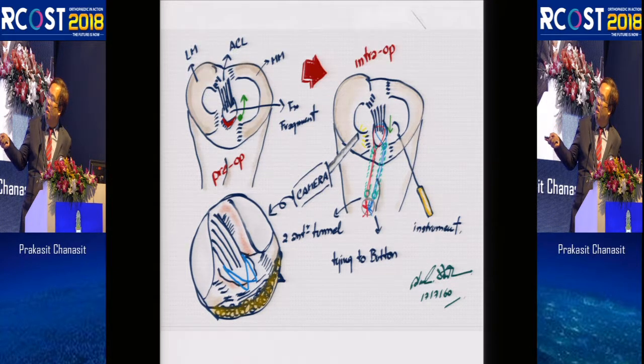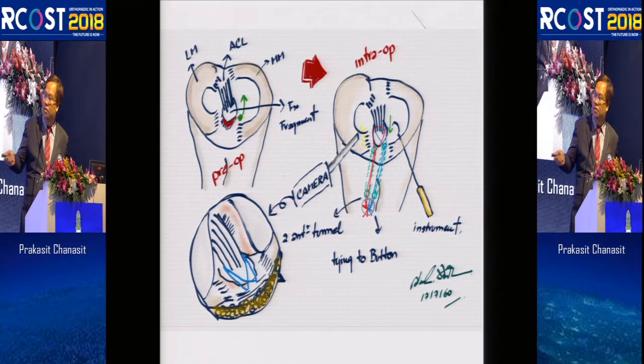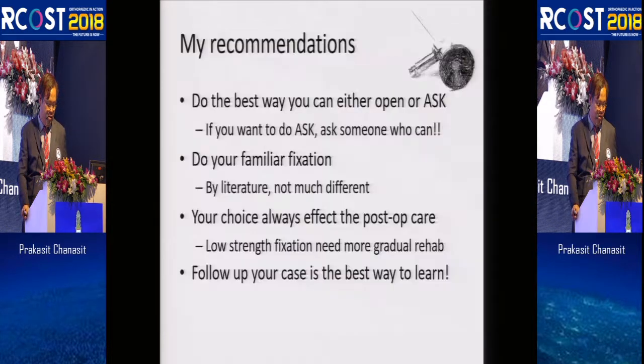Intraoperatively, I used 2 sutures to loop around like this with two tunnels, and on the anterior side, I used the button to tie all the 2 strings together. Intraoperatively, we found it like this. It looked like the frontal chest equivalent in shoulder surgery.